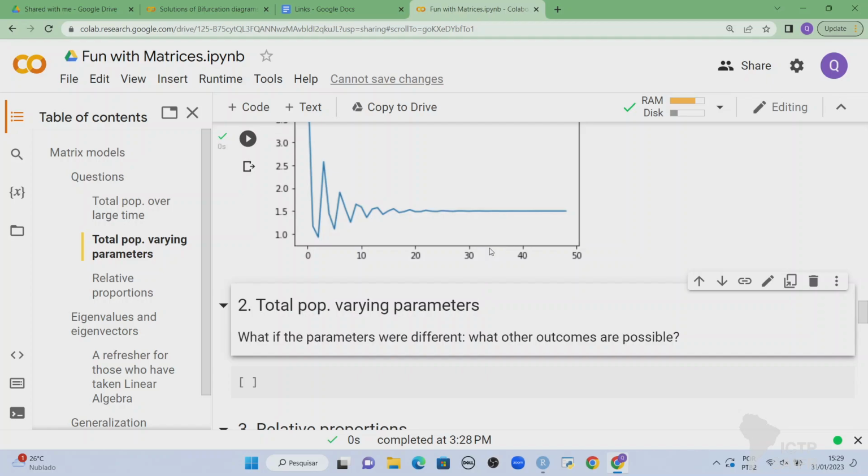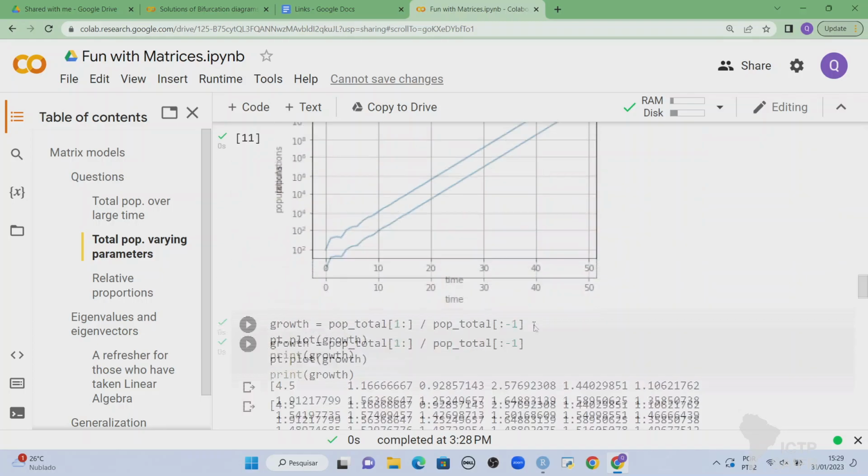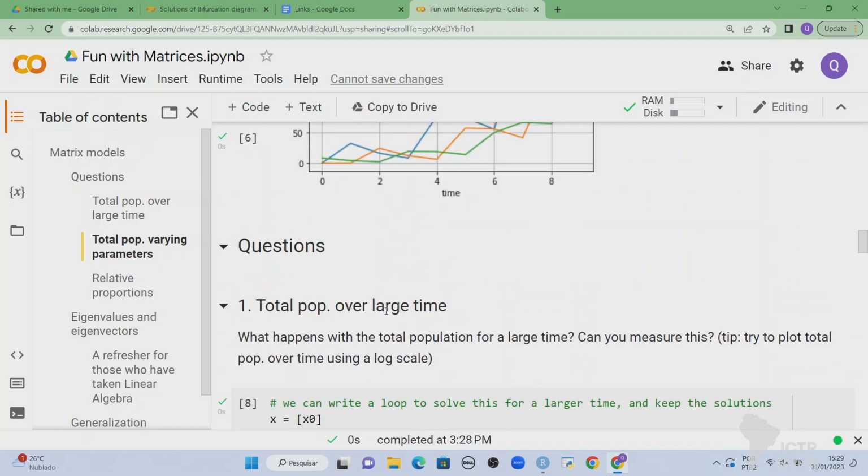Questions about this? Is this clear? So here, dividing the total population by the previous generation's total population, we see that after some time we stabilize at a growth rate per generation of 1.5. Even though the fecundity here was 4, I have losses due to survival not being 100%.